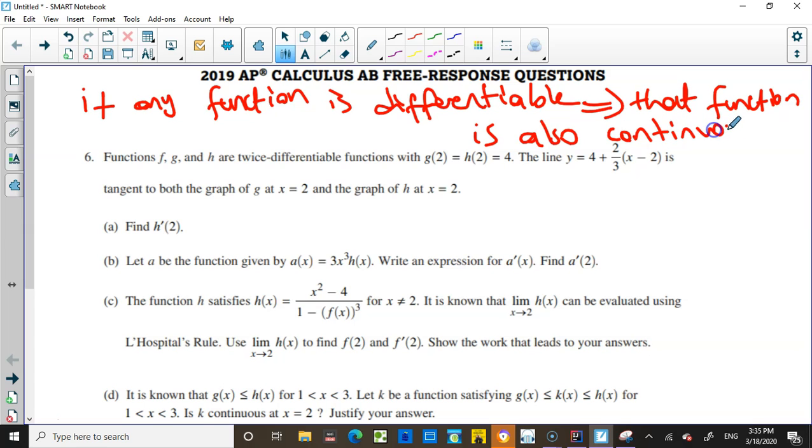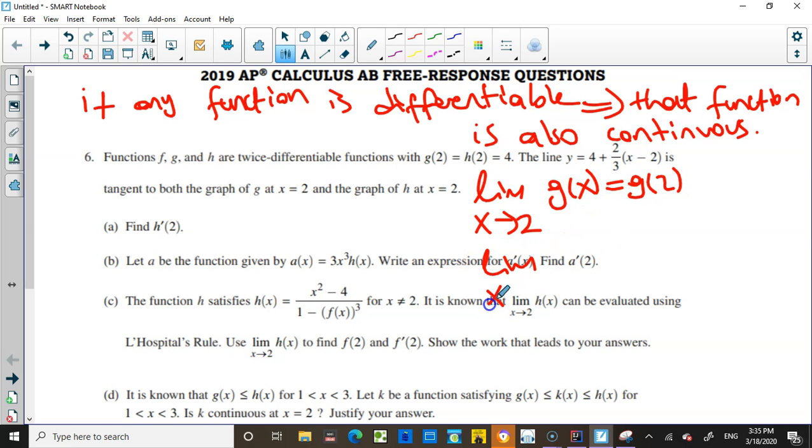So we're going to be using this fact. So since g and h functions are differentiable, that means g and h are also continuous. If they are continuous, I should be able to write these two statements: the limit as x approaches 2 of g of x has to be equal to g of 2, and the limit as x approaches 2 of h of x has to be equal to h of 2.